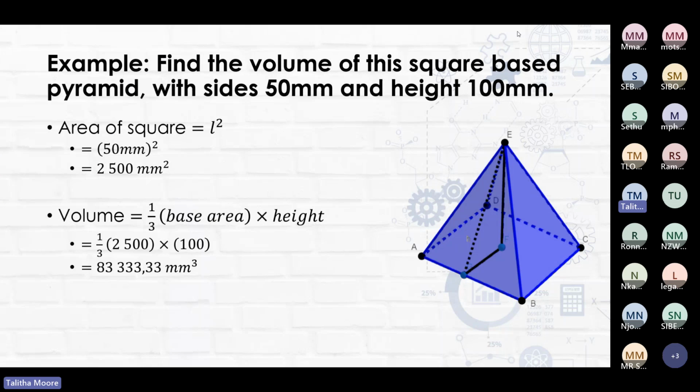So here's an example. Find the volume of this square base pyramid with sides 50 millimeters and height 100 millimeters, which is the same question as we had earlier. So the area of the square, as we found earlier, was 2,500 millimeters squared, and our height is 100 millimeters. So we're going to have 1/3 times 2,500 times 100, and that will give us a volume of 83,333,33 millimeters cubed.